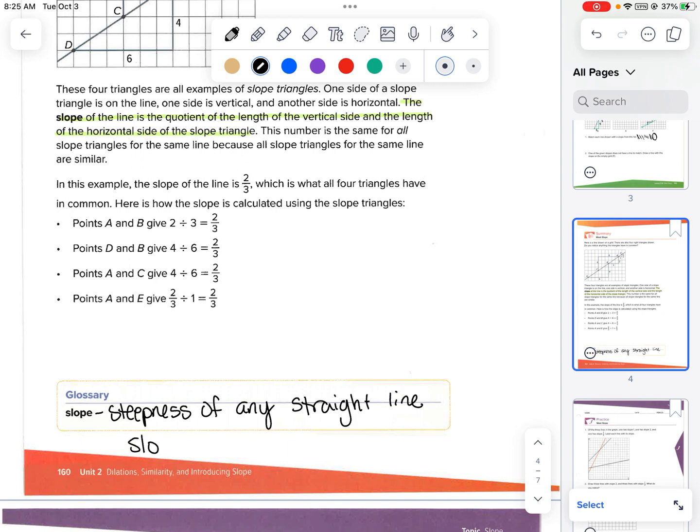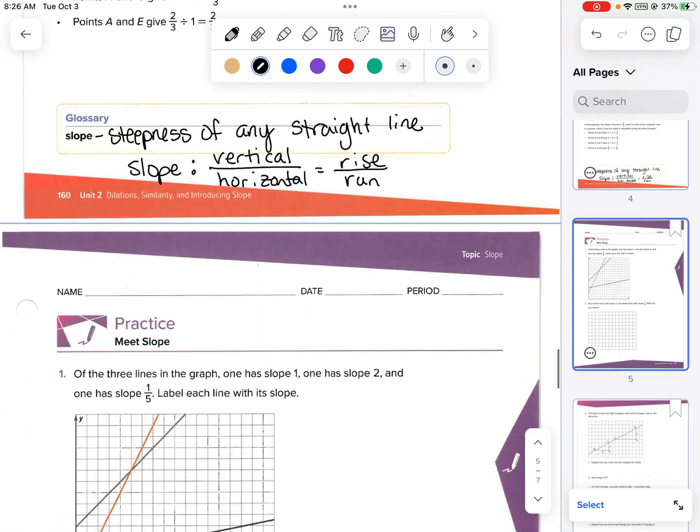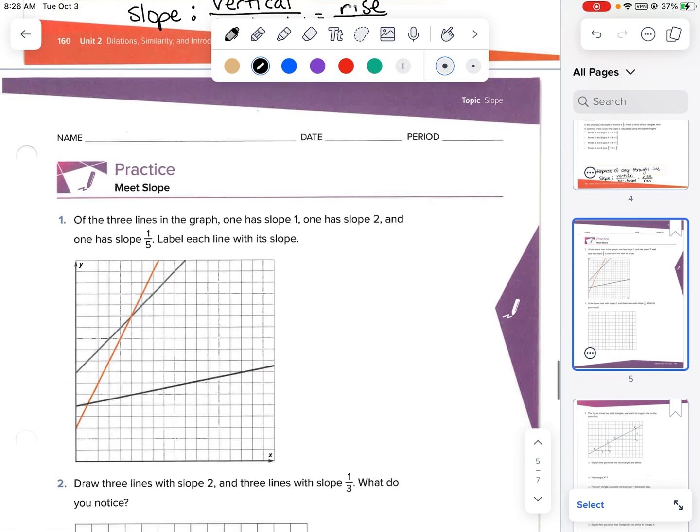Slope is found by doing vertical change over horizontal change or rise over run. All right, once you have that written down, move on to the practice.